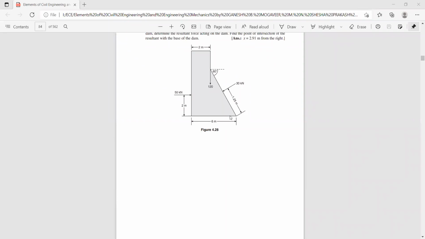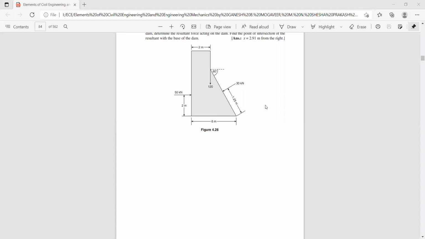So that is sine 60. This angle is 60. Sine 60 is equal to HG divided by 1.25. So HG is nothing but 1.25 sine 60. How much is it? HG, the value of this HG?